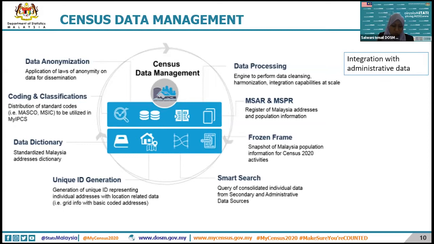In the smart search is where the query for individual data happens, and here secondary and administrative data is used. The administrative data are used to ensure the completion of census questions which are not fully answered by the respondent, as well as for the cross-checking of the census data collected.